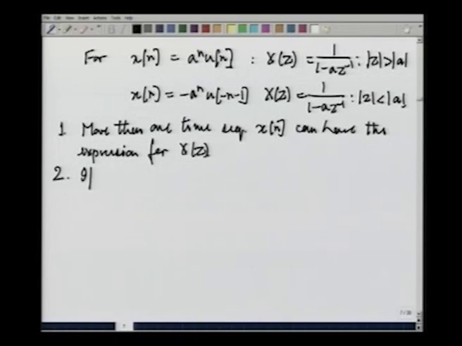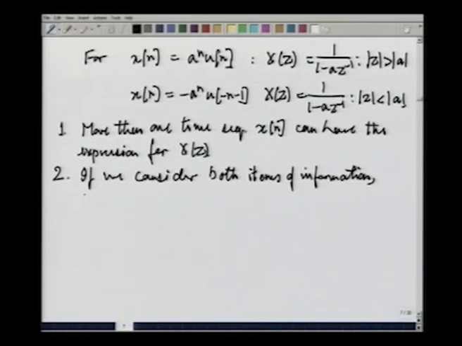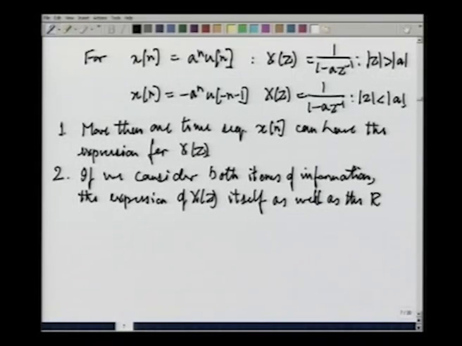Second, if we consider both items of information, the expression of x z itself as well as the ROC, if you consider both these, then the ZT is still unique.